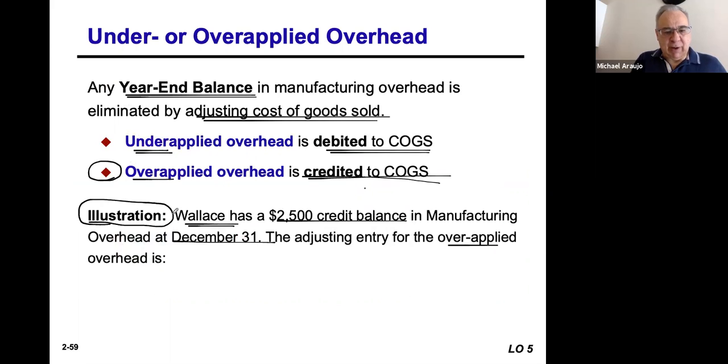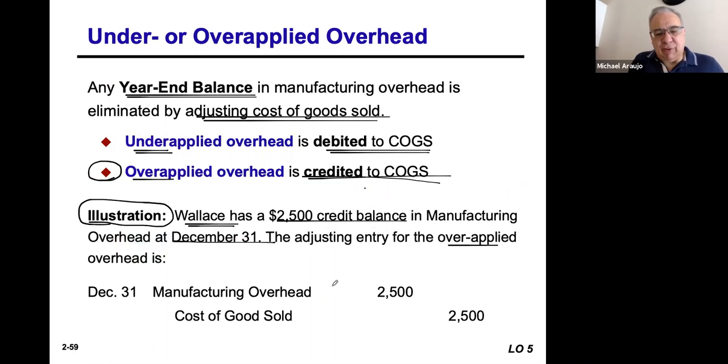If we over apply overhead, we debit the manufacturing overhead account 2,500 because that'll get that balance to 0. And we move that credit balance to cost of goods sold. So now the manufacturing overhead account at the end of the year has a 0 balance. So it's basically closed out, which is perfect. And we've moved the credit balance over to cost of goods sold because clearly we over applied. We didn't have as many costs as we thought we did.